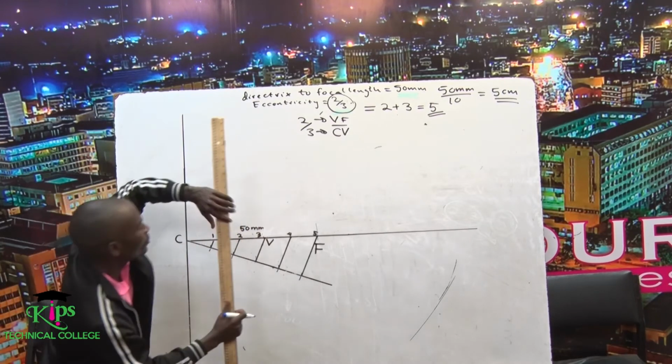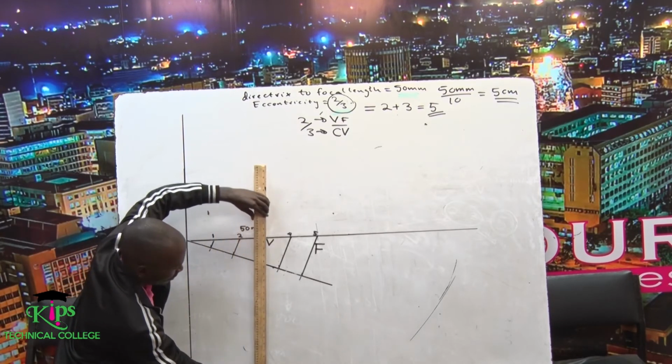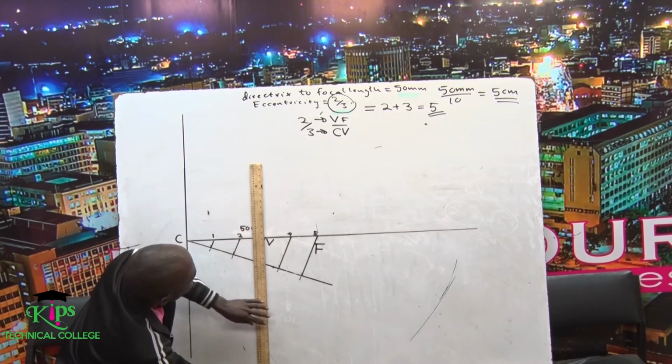Now from there, you need to draw vertical lines.